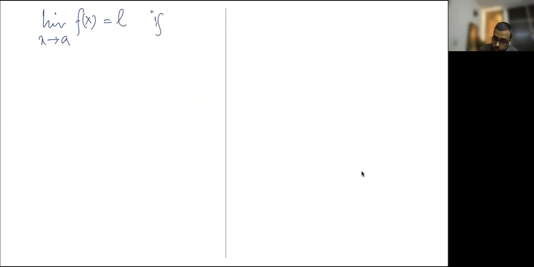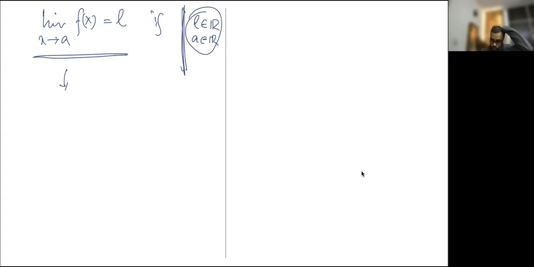okay, now let's try to write down from what I just said about sequences and what we know about open sets, etc. in R. So here I'm assuming L to be a real, A to be also a real to begin with. So then what should be the definition? What should be the notion that we're trying to make precise?